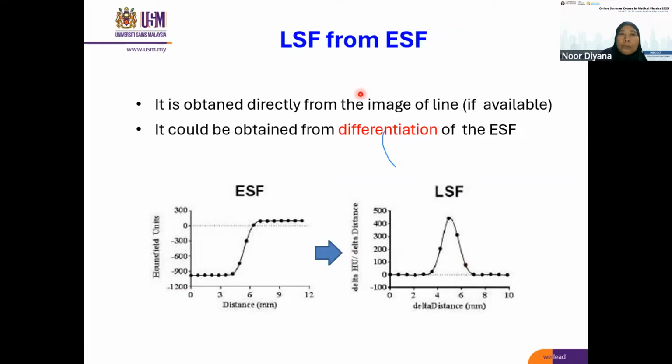So it is obtained directly from the image. If you don't have the line spread function object, you can get it from the ESF. So this is how the plot is made using the delta ratio.